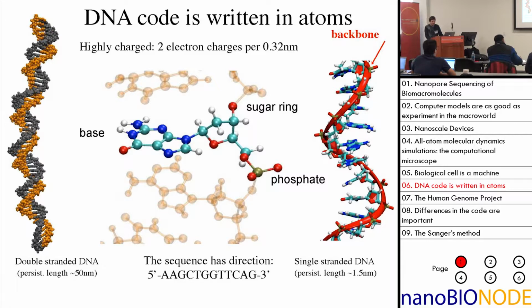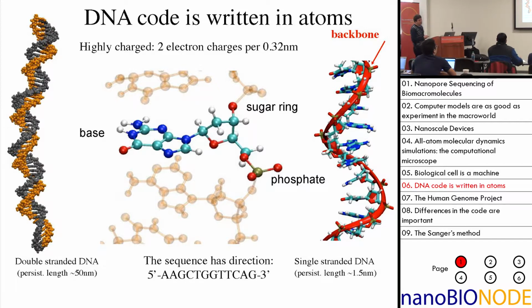The basic one is, of course, DNA, and I'm sure all of you are familiar with its structure. I just want to remind you that the code of DNA is written in atoms. If you look at the structure, here is double-strand DNA. As you go along a single strand, you'll see a nucleotide. This is a unit of DNA; DNA is a polymer and this is one monomer. If you look closer, you'll find that the monomer itself has 3 parts: phosphate, sugar, and the base.